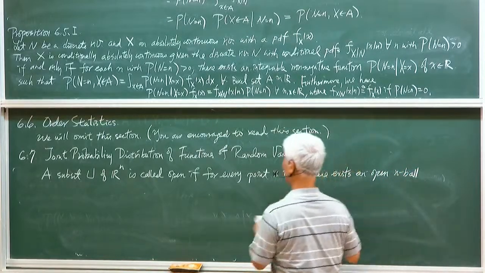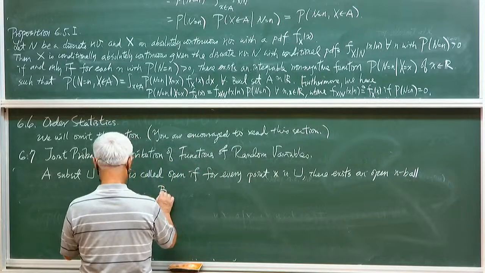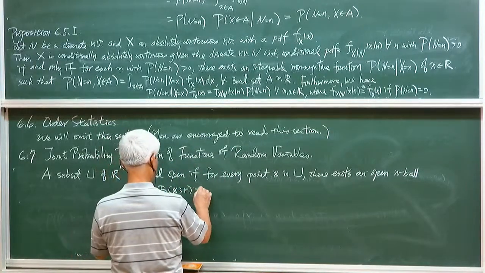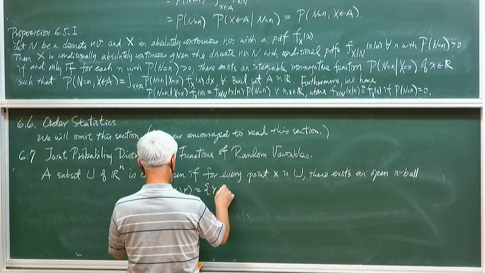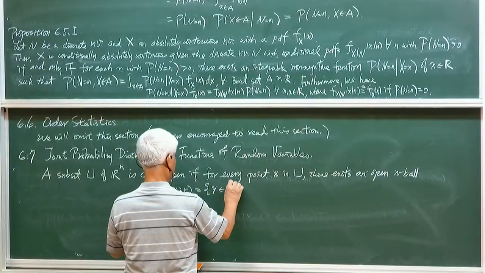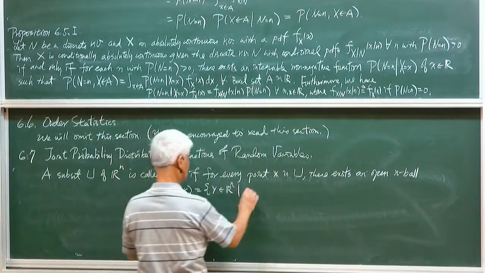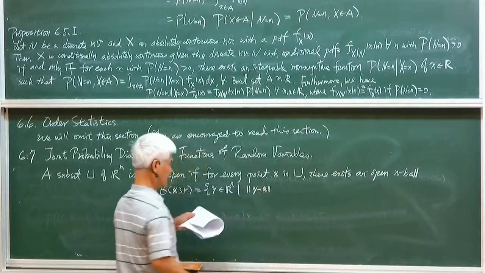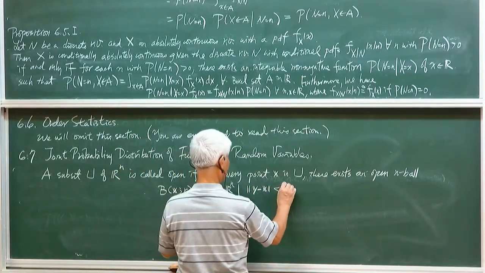An open n-ball is something like here. It consists of all points in R^n such that the distance from x is less than r.